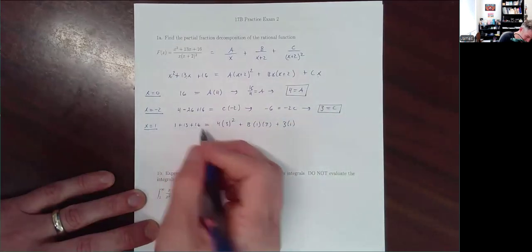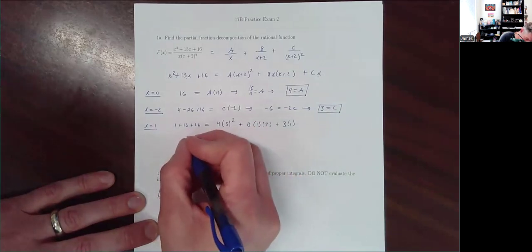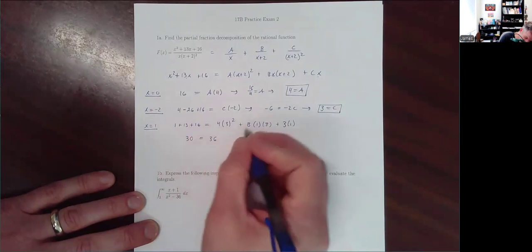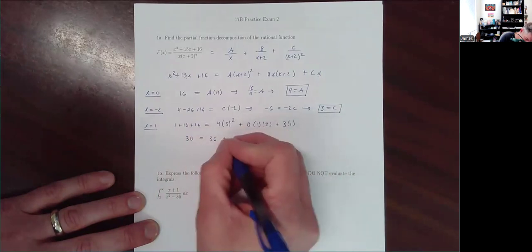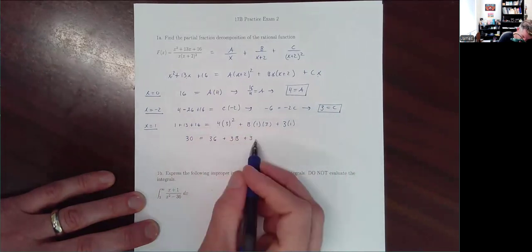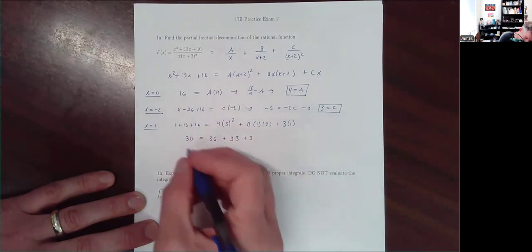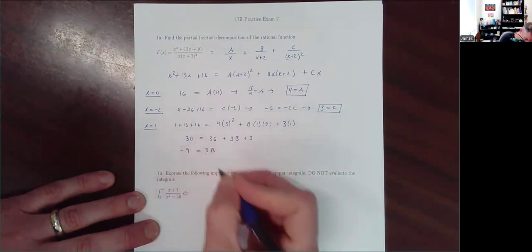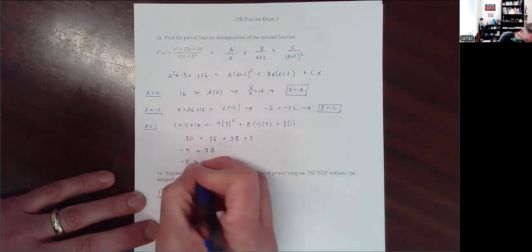So 1 plus 13 plus 16 is 30. On the right-hand side, we have 4 times 9, which is 36. We have B times 3, and we have 3. So that's 39. So 30 minus 39 is going to be -9. So -9 is equal to 3B. And dividing by 3, we get -3 equal to B.